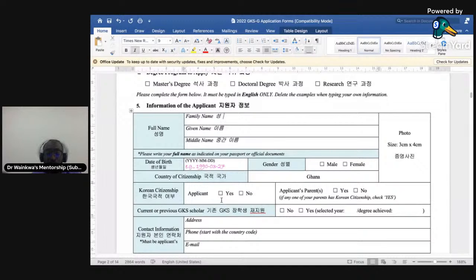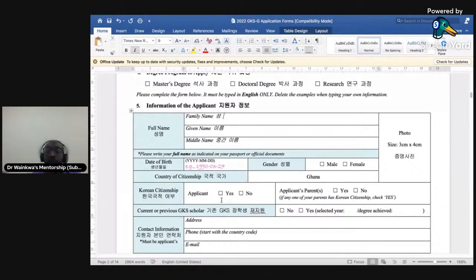They're gonna cross check it in their system, and if they find out you're a Korean, then you're gonna lose the scholarship, because this is mostly structured for non-Koreans to come within Korea and gain knowledge and help in developing themselves, and if possible, Korea and the entire world. People with Korean nationalities have their own scholarships which are targeted, which they can apply for, but not this one.